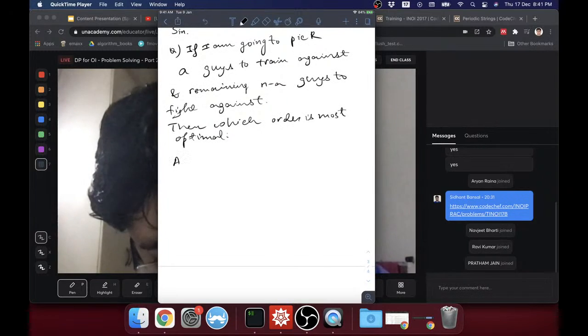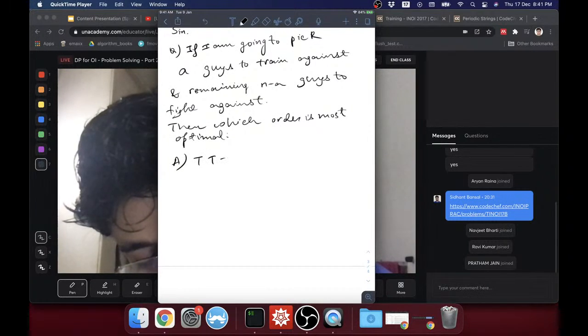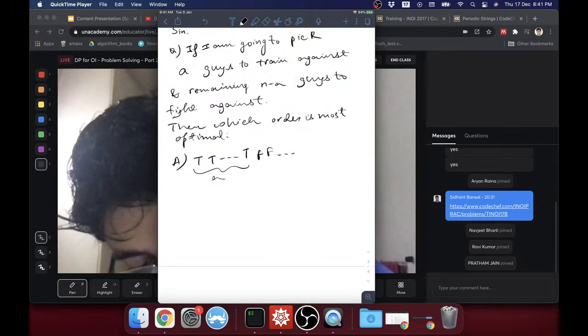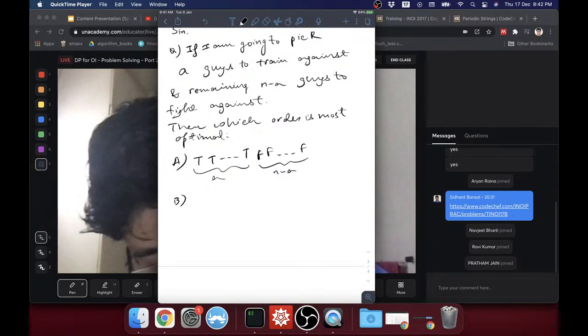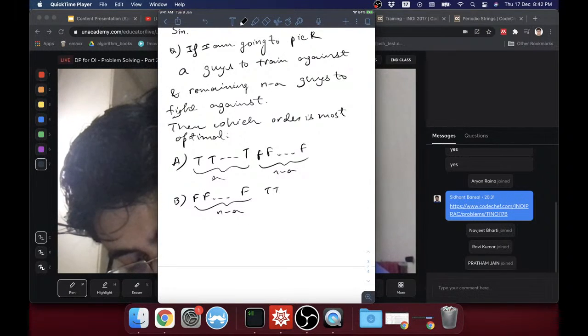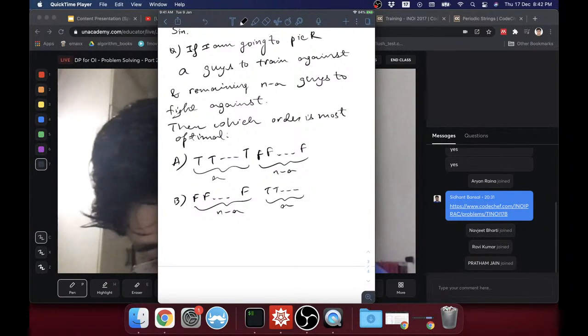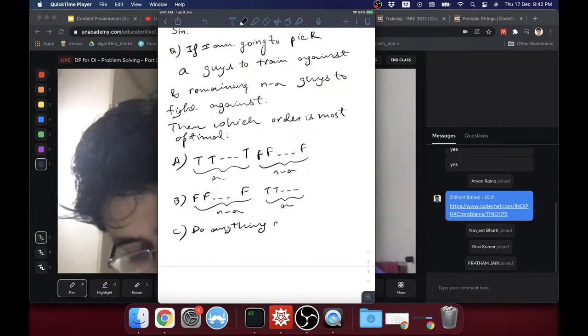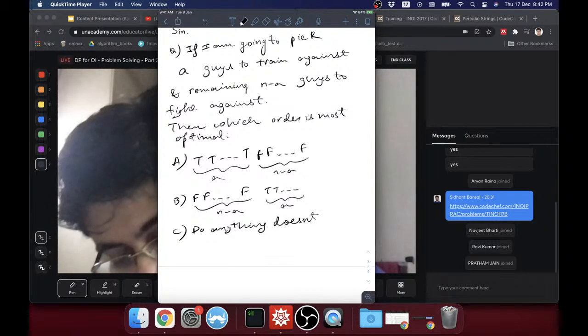So first option is I should train A times, and then I should fight N minus A times. Second option is I should fight N minus A times, and I should train A times. Third option is do anything, doesn't change answer.